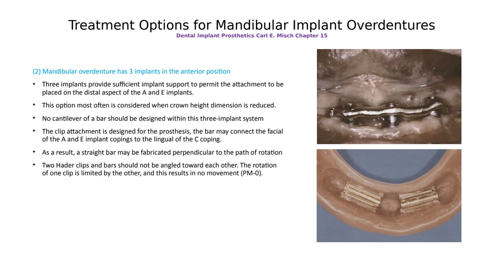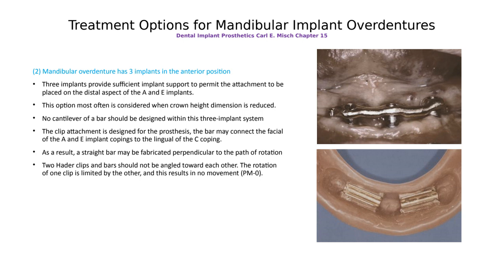For the 3 implant option, placed anteriorly, three implants provide sufficient implant support to permit the attachments to be placed on the distal aspect of the implants. This option most often is considered when crown height dimension is reduced.